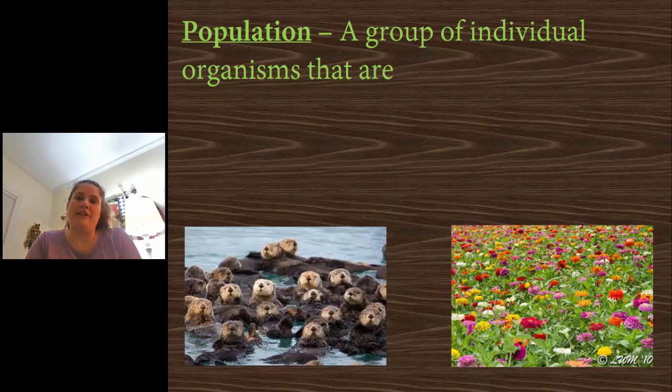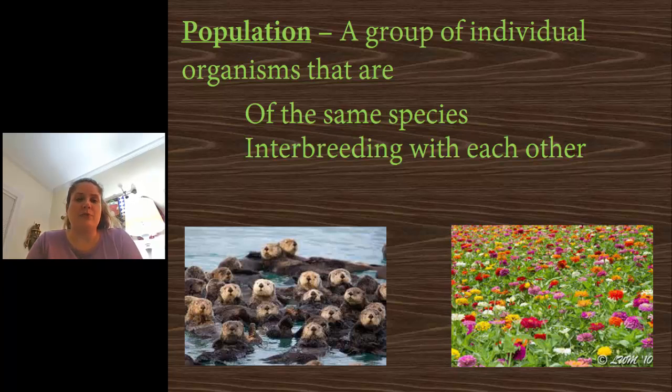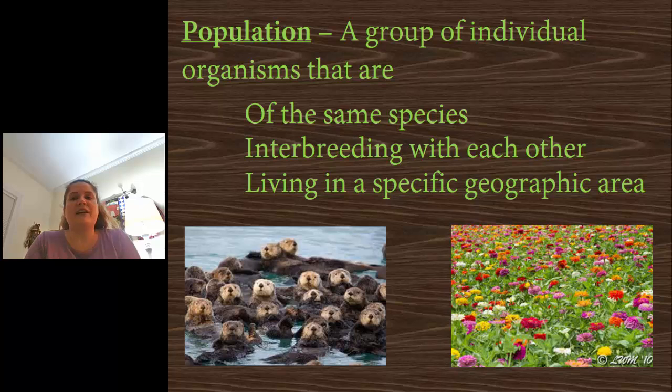The next is a population. So a population is a group of individual organisms, and that group needs to be of the same species, interbreeding with each other, and living in a specific geographic area. And really, what's considered a population is up to the scientist who's studying them. So we could talk about the population of sea otters on the entire planet.